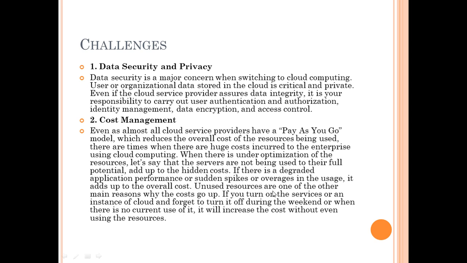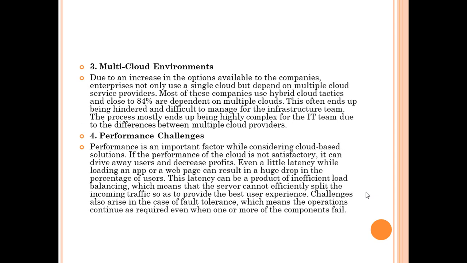Unused resources are one of the main reasons that the costs go up. So in case we are expecting that during the weekend there will be less service usage, we can turn off some instances of the cloud. All these can be done so that the costs can be controlled.